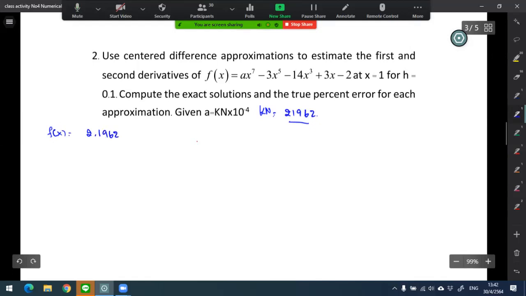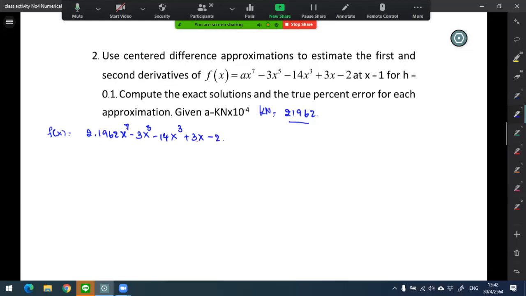2.1962 x to the power 7 minus 3x to the power 5, minus 14x to the power 3, plus 3x, minus 2.